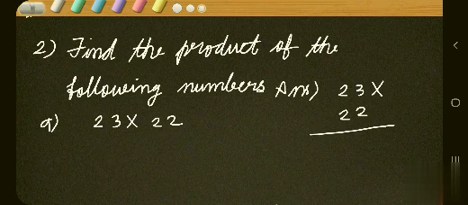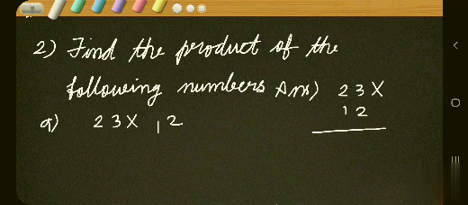Or we can change the question to 23 into 12 to avoid confusion, otherwise both being 2 would be a little confusing. So let's multiply 23 into 12.